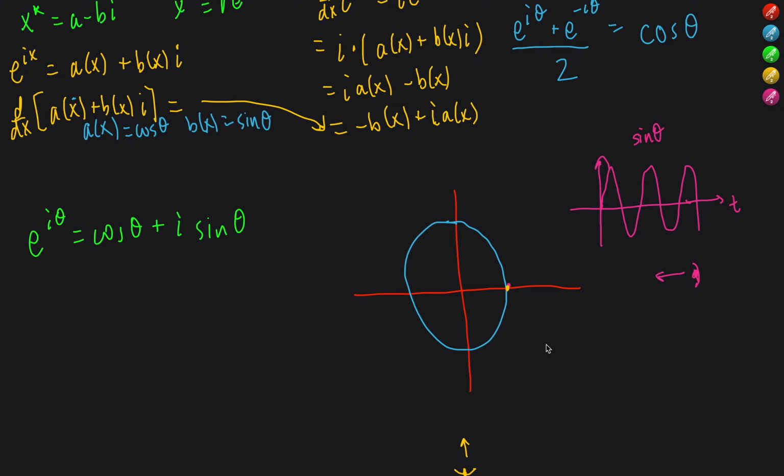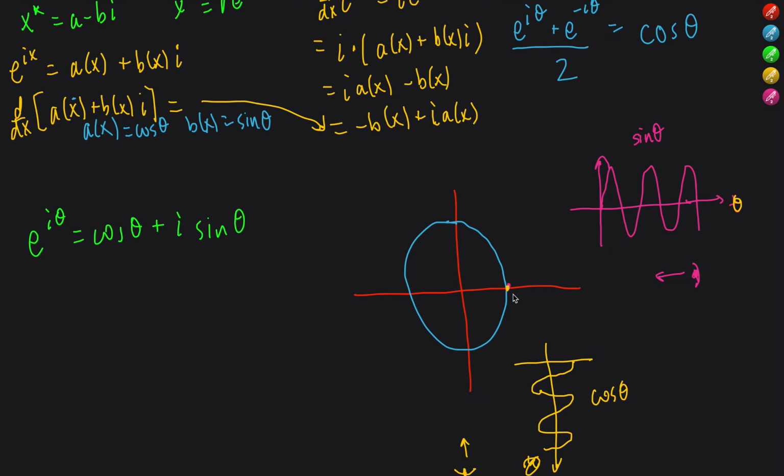So what the graph will look like for me, if I draw this graph sideways, here's your time, and it's going to start off up here at 1, and it's going to go down and up and down and up and down. And this graph is exactly a cosine of theta graph. Oh, sorry, I shouldn't have put t here. I should put theta here as our axes, but whatever. So this is where the sine and the cosine are coming from.